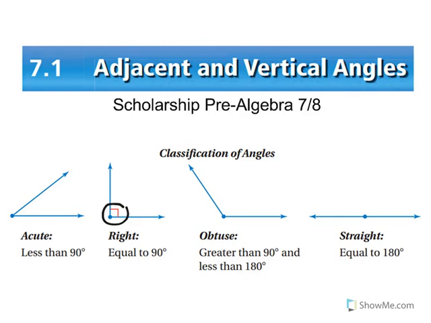Now, if you have an angle that meets these 2 criteria, number 1, it's greater than 90 degrees, and number 2, it's less than 180, then you have yourself an obtuse angle. Obtuse is greater than 90, less than 180. And then finally, an angle that is exactly 180 degrees is considered a straight angle because it makes a straight line.